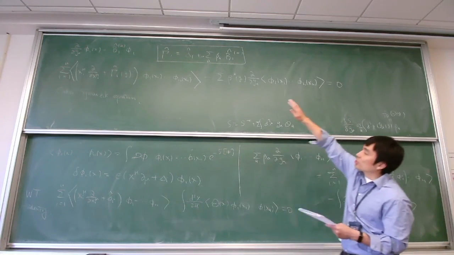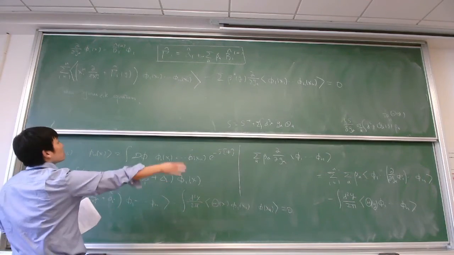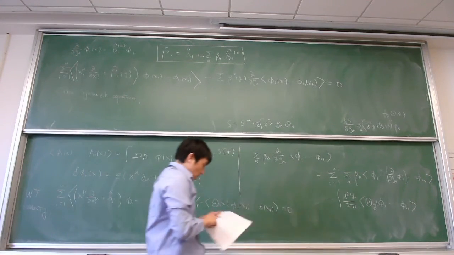Combining these two equations, the Ward-Takahashi identity and this formula, you get the Callan-Symanzik equation.